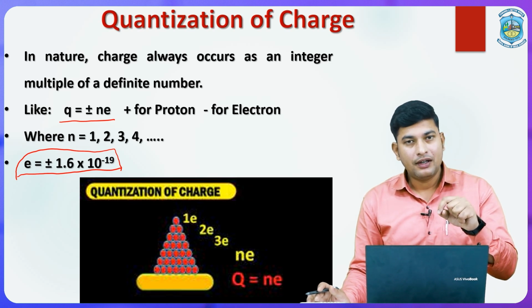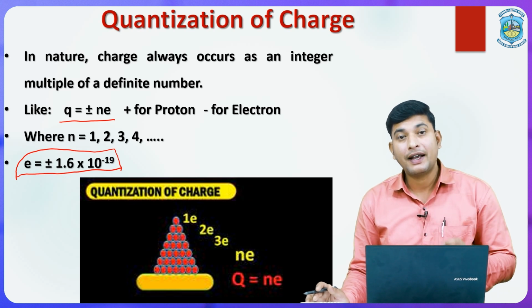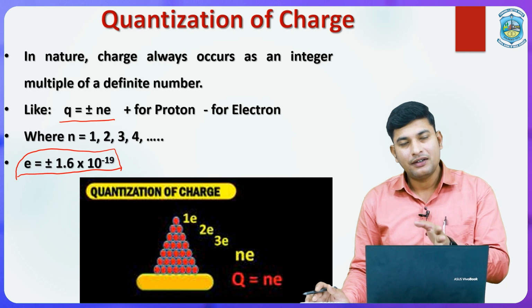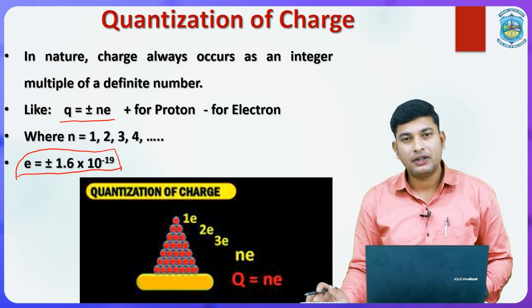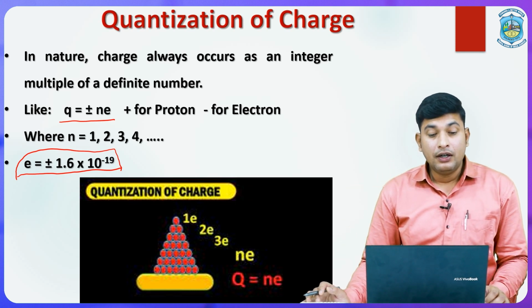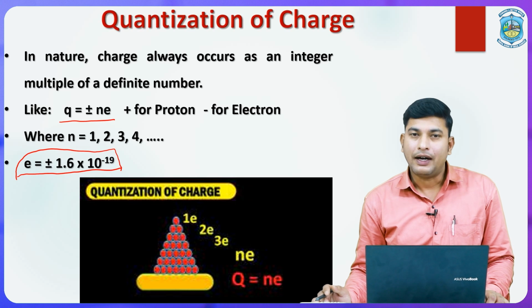I have not written the unit here. We will discuss it in the following slide. The unit I will tell you in the next slide. Plus is for the proton and negative is for the electron.